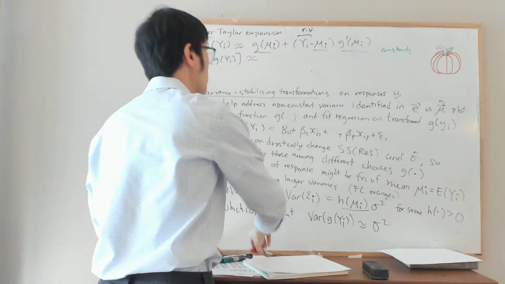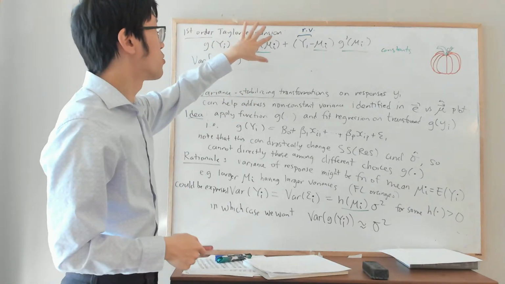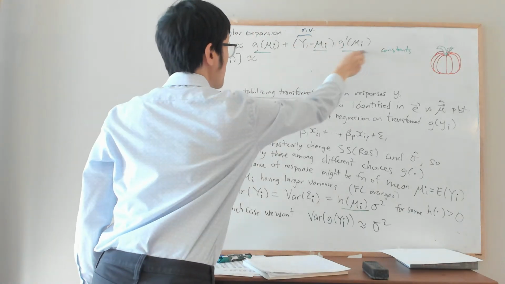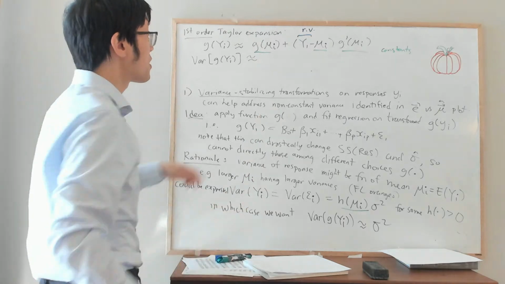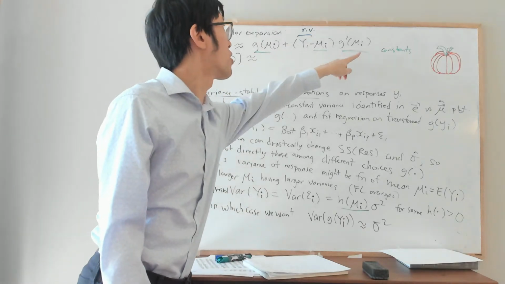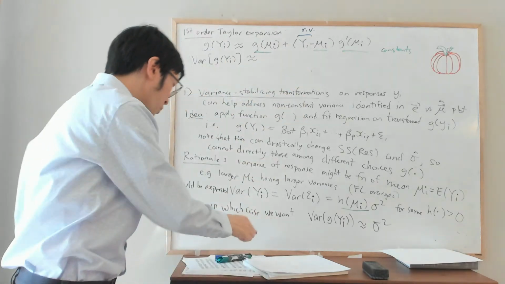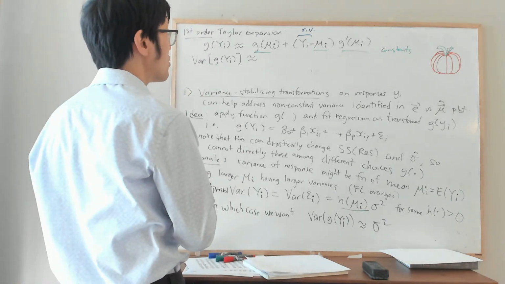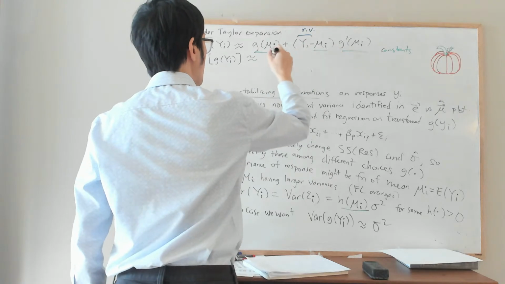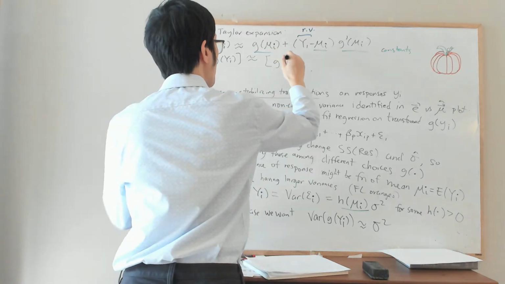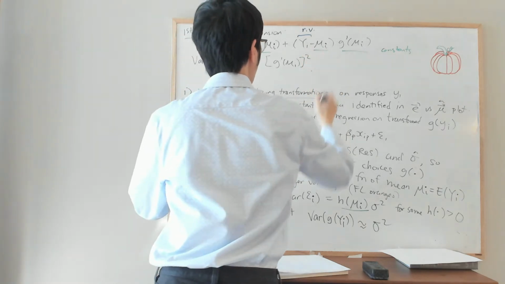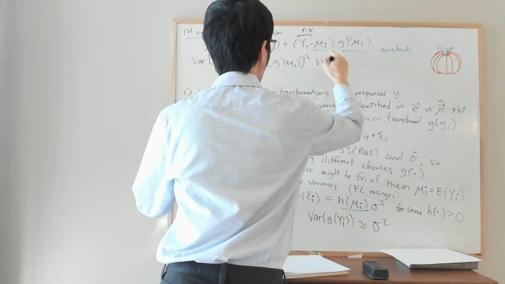Variance of constants added doesn't do anything, and once you expand this, the constant doesn't do anything. So all that's left is the variance of g prime of mu i times yi. Based on this expansion, we simply have the constant squared, so g prime of mu i squared, times the variance of yi.